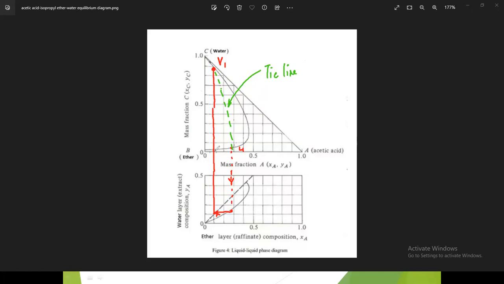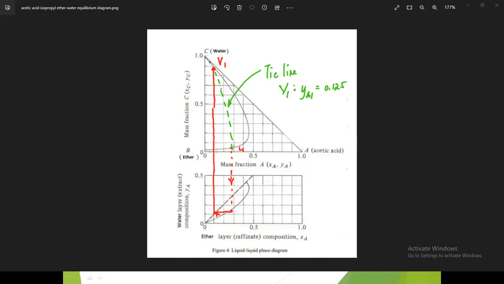So in this case, it's resting on this line. But if you're really going to use the equilibrium diagram on paper, not this one because this one is crude, you'll be able to get the corresponding concentration for your extract. So your V1 will have the following concentration. You have YA1, which is more or less 0.125.